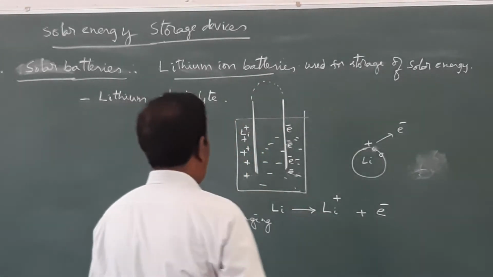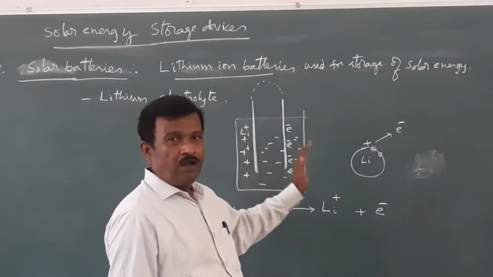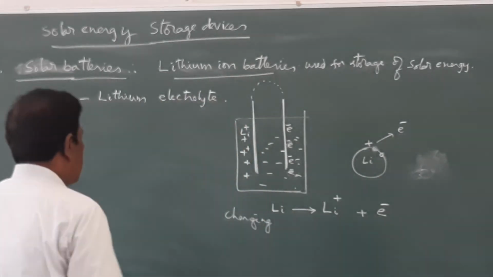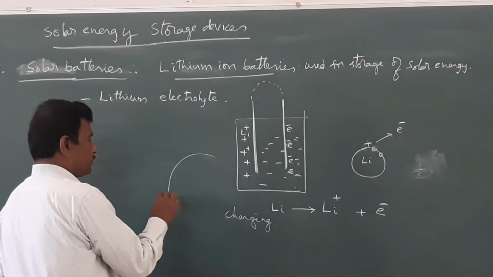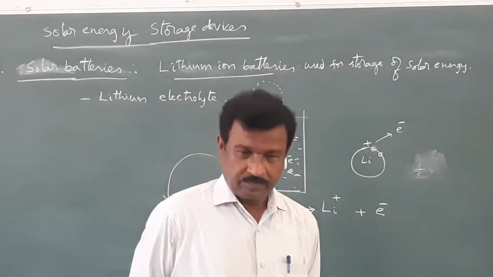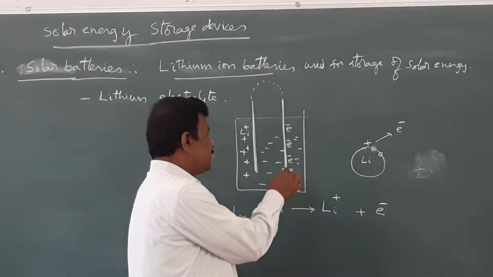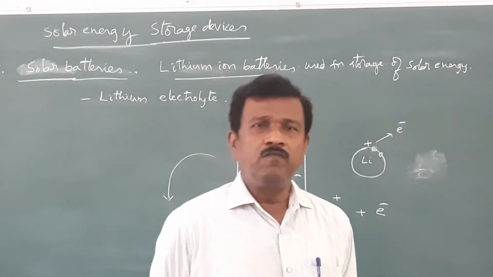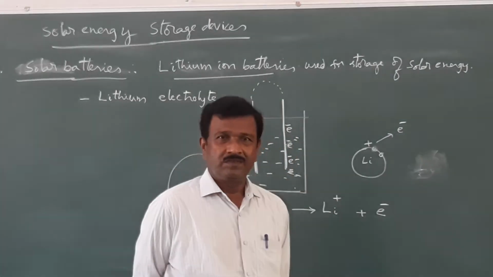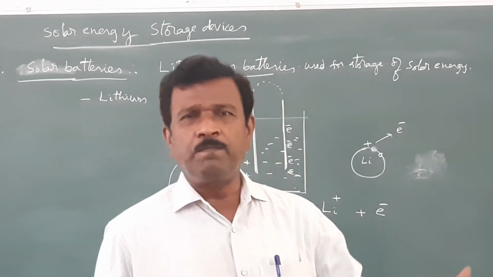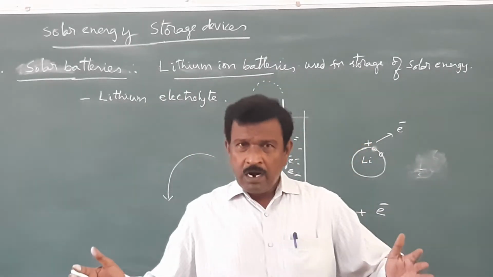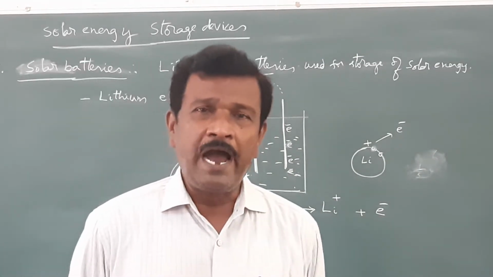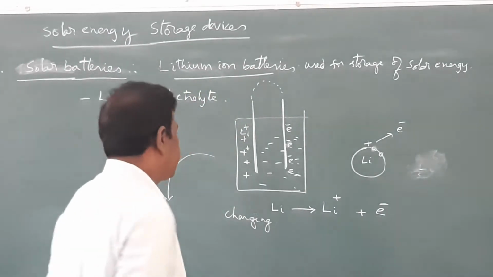So during the charging of the battery, lithium ions and electrons were separated. Now, when we utilize this stored energy, again these electrons will combine with the lithium ions and form lithium atoms. That means during the discharging process, there will be recombination of electrons and lithium ions to form lithium atoms. That process is called discharging.